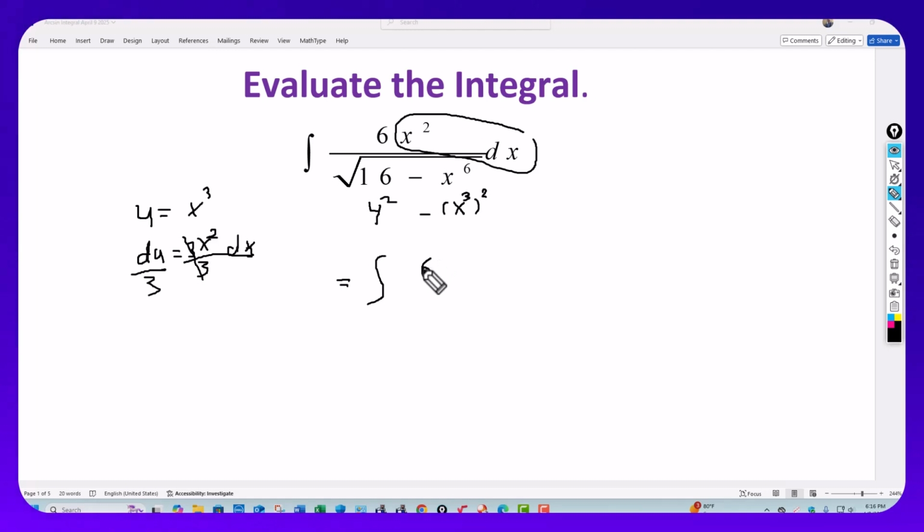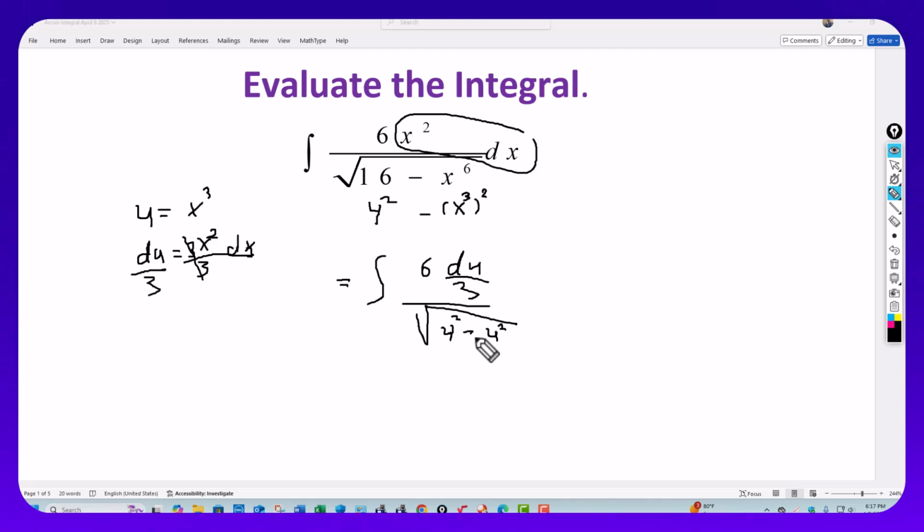So this will be 6, and then I have a du over 3, and that's going to be over the square root of 4 squared minus, and the x to the third, of course, is u, so this will be u squared. So 4 squared minus u squared.